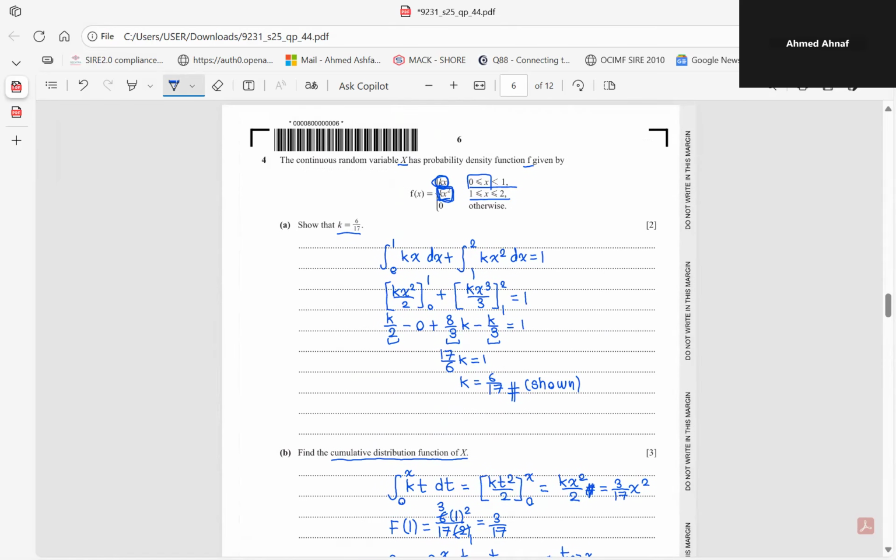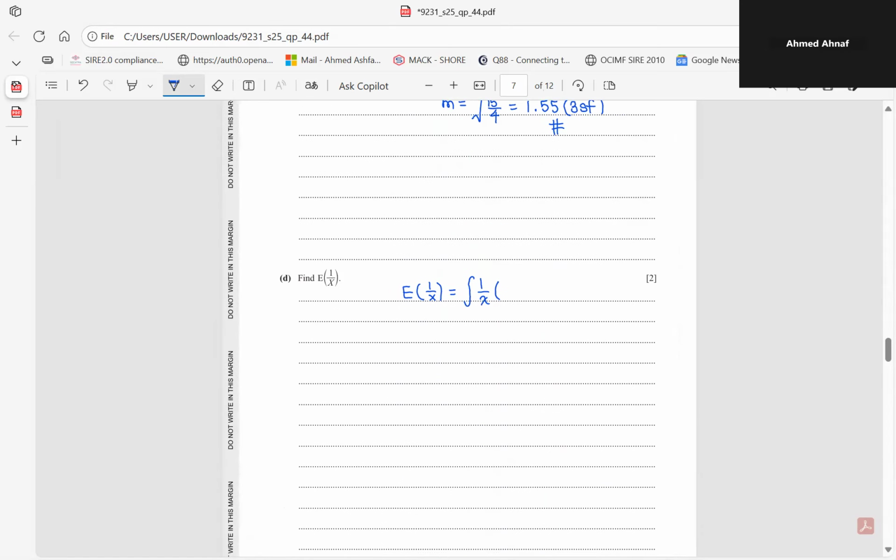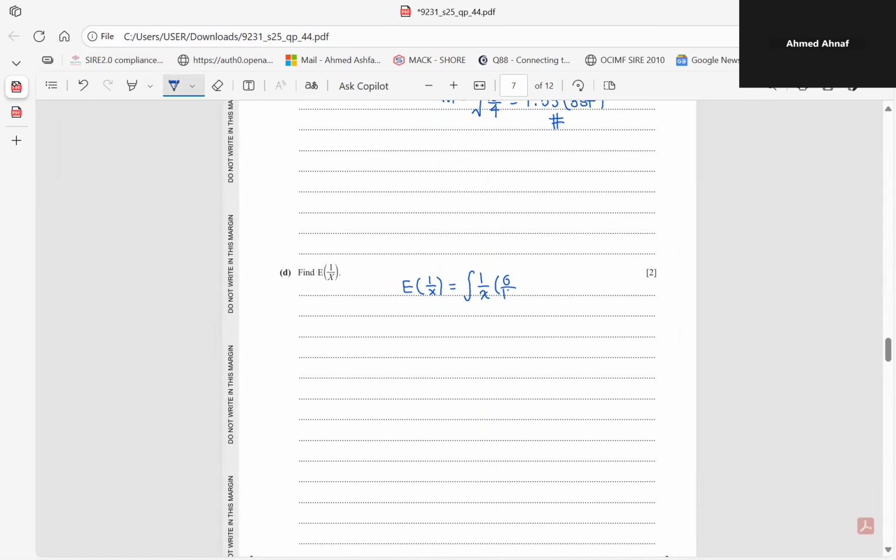function. It's kx, so that's 16 over 17x dx. Don't forget to put your limits.